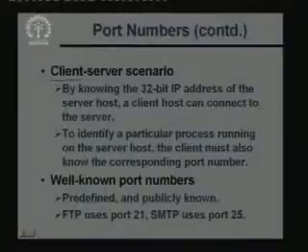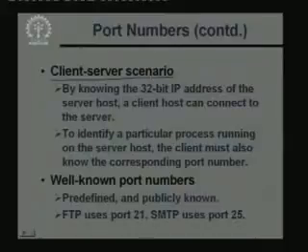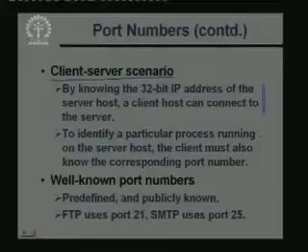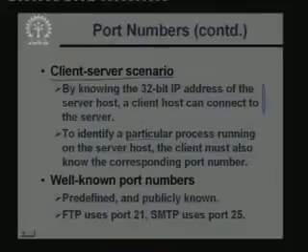Now, let us see. In the client-server scenario, by knowing the 32-bit IP address of the server, a client host can first establish a connection to the server. But not only this, the appropriate server program, the particular process, must also be identified.